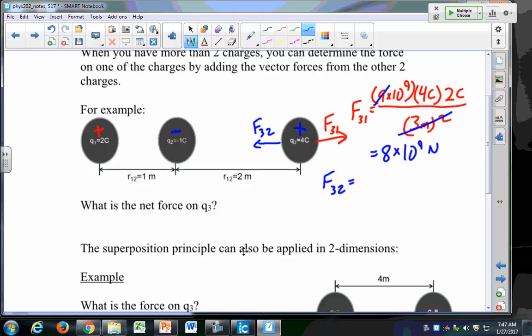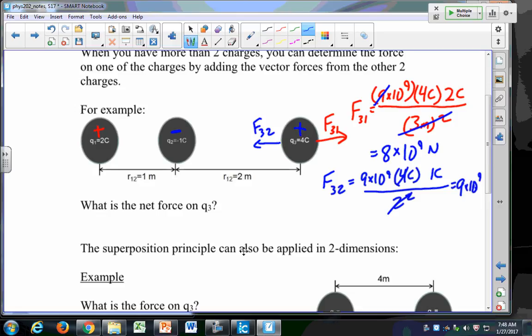No? I think I have a mistake in my notes. All right, so F32 is going to be 9 times 10 to the ninth, 4 coulombs, 1 coulomb divided by 2 squared. So this cancels there, and I'm left with 9 times 10 to the ninth.